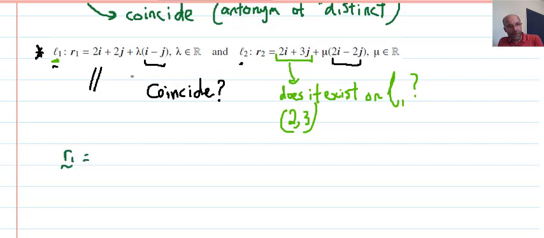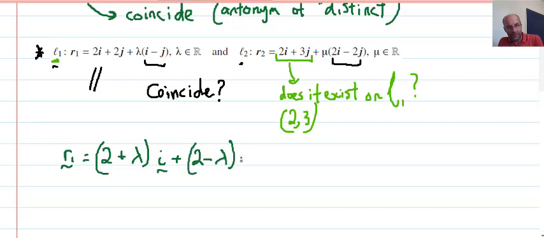So I'm going to write R1 in a form where it's easier to see the i and j components. So from above, R1 is (2 plus lambda) i plus (2 minus lambda) j, where lambda is any real number.